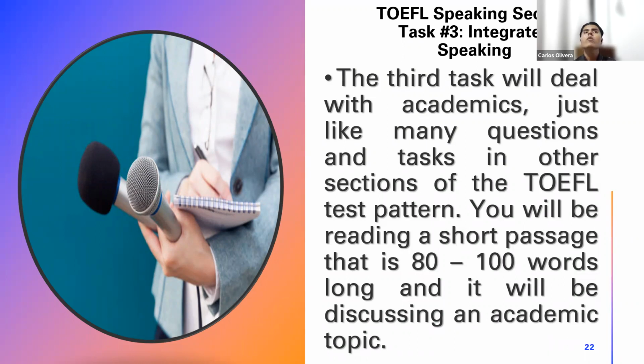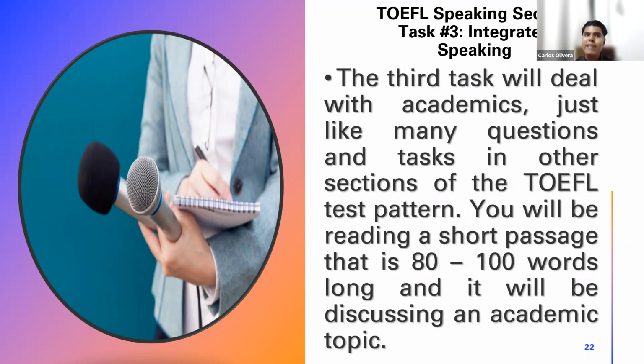These 2 information sources are very similar to the ones you received in the second task, because in their substance or nature they don't vary. The first information source is going to be a reading passage. You're going to have to read a reading passage that is no more than 100 words long, approximately. That is something you have already done, so you know what to do, right?